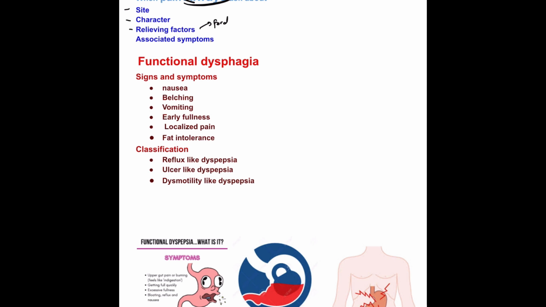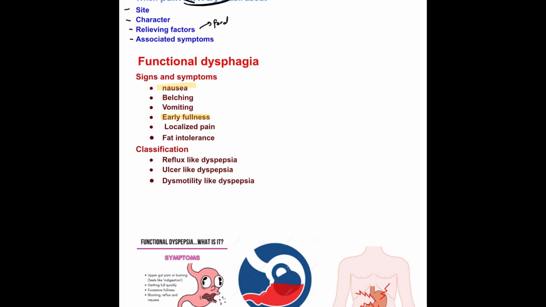You should ask them about associated symptoms like nausea, vomiting, belching, and bloating. We will come to this later, but for now, if your patient is complaining of early fullness, indigestion, and maybe bloating or nausea, you should consider functional dyspepsia as your first diagnosis. Structural dyspepsia is not common and it needs further investigations.